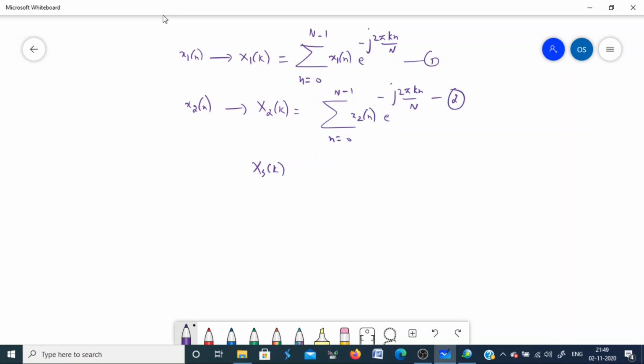I get a new function X3(k), which is equal to X1(k) into X2(k).